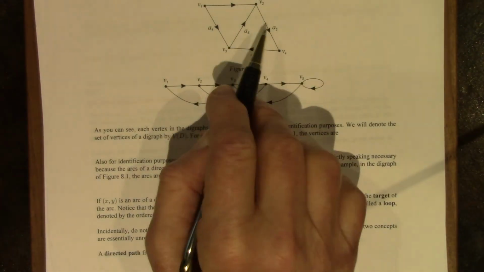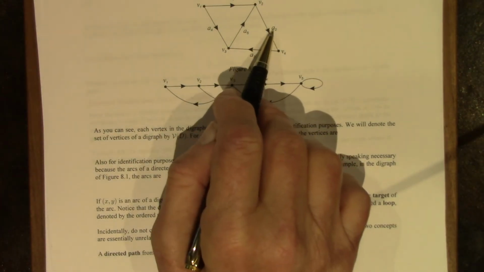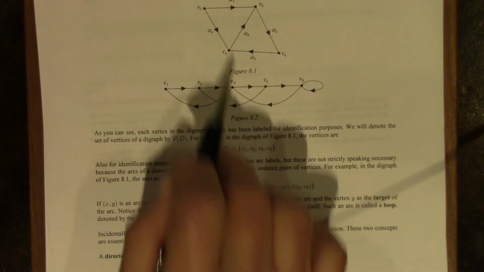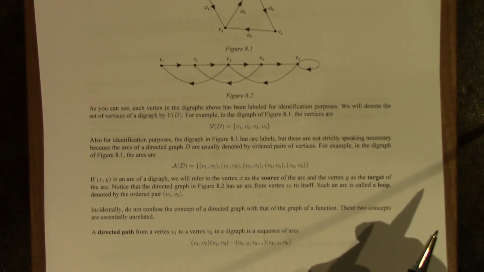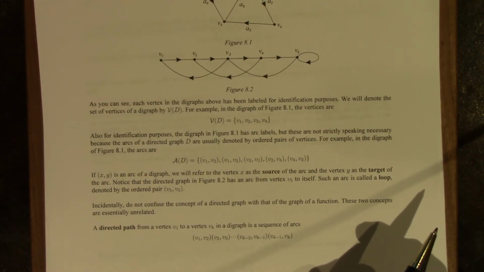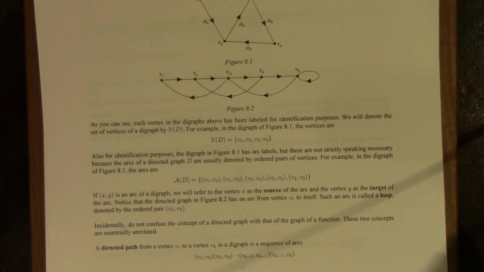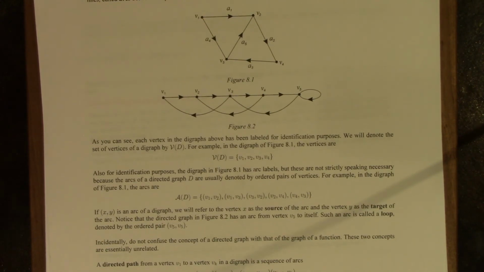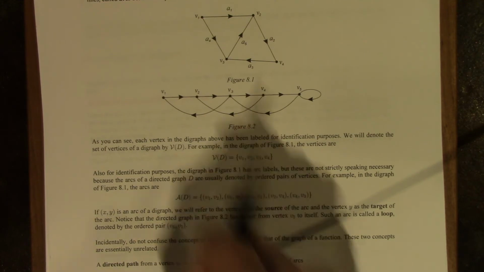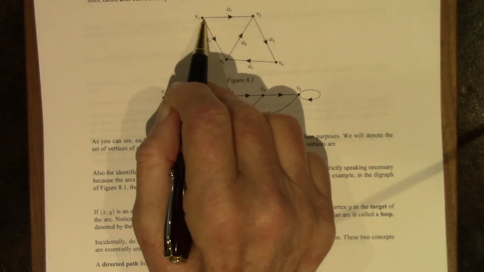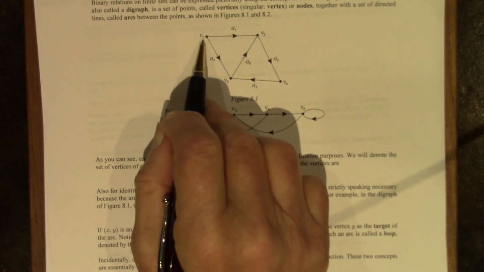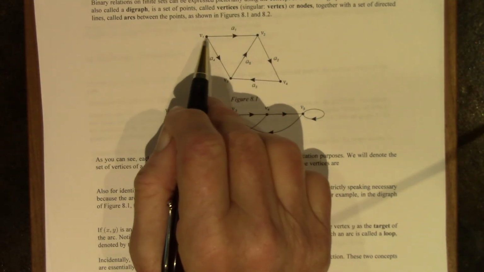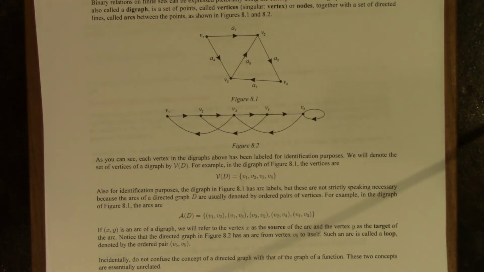Also, for identification purposes, the arcs are labeled. I use A1, A2, A3, A4, A5. That's not strictly speaking necessary, because since the arcs are directed, we can also use ordered pairs. So this arc could be identified as the ordered pair V1, V2. It's the arc that goes from V1 to V2.